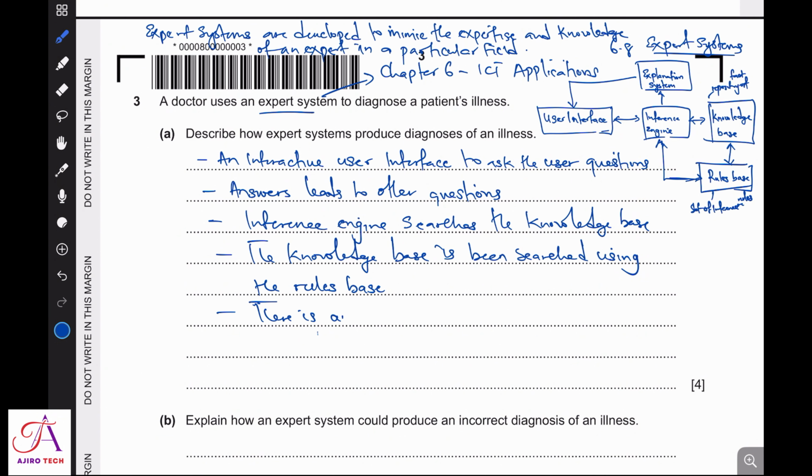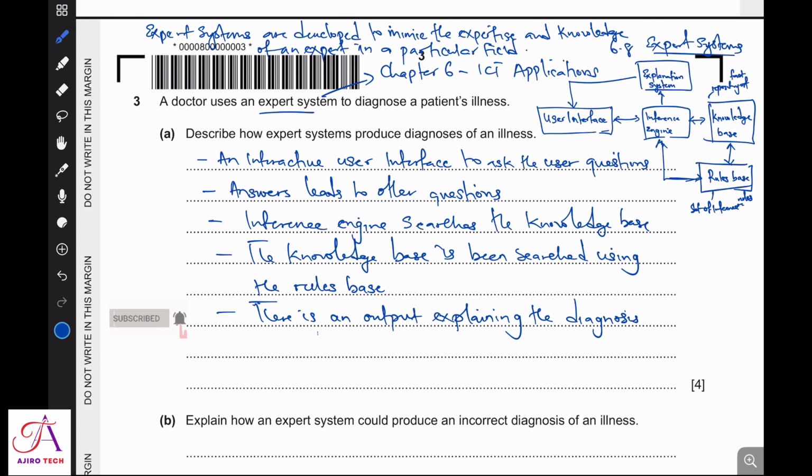There is an output explaining the diagnosis, which is the explanation system. Okay, all right. Hope this is clear. Let me know in the comment section if you're learning.